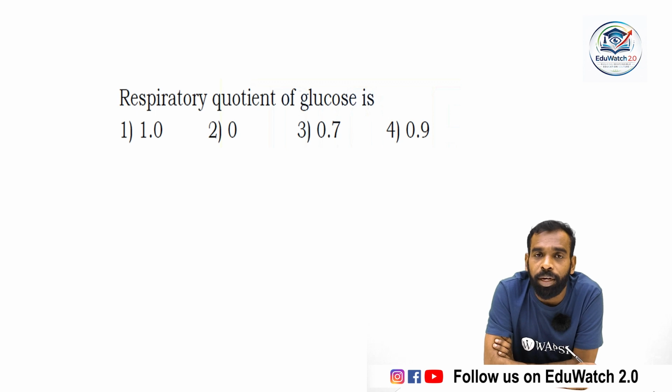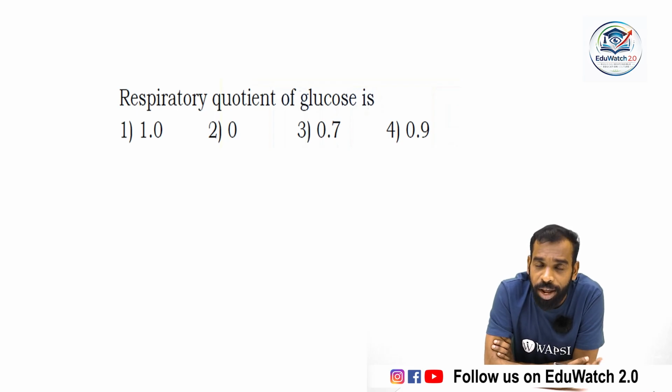If it is a protein, a carbohydrate, or a lipid, which one produces more energy? When we have more carbohydrate-containing food, we get energy. So a greater amount of energy is produced by carbohydrate.